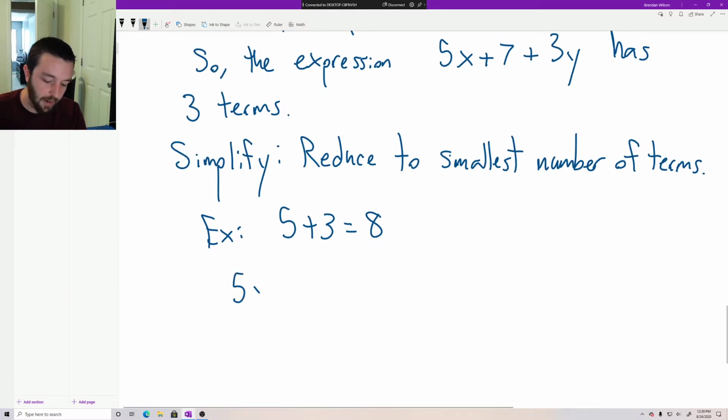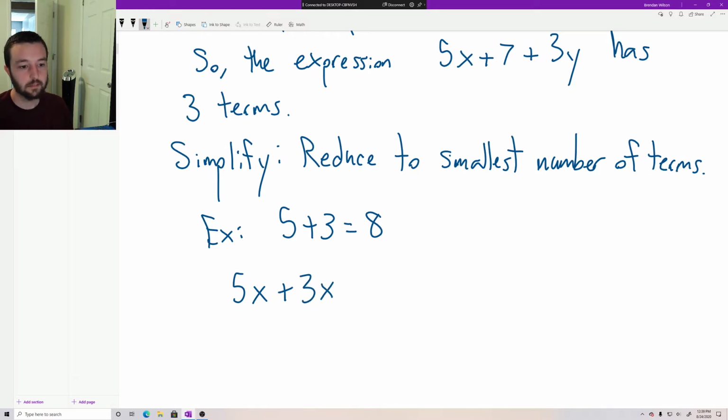What if we have something like 5x plus 3x? Can we do anything with this? Well, let's think about what this means again. 5 times x, if we think back to multiplication, is like adding x to itself 5 times.